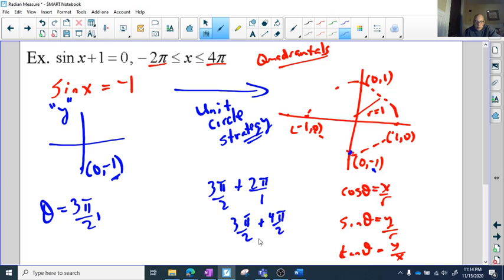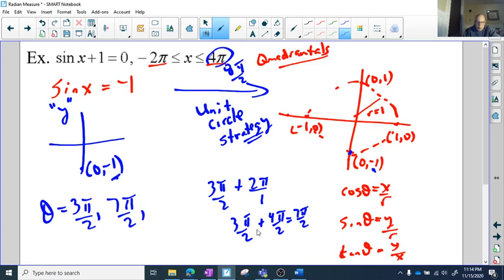I just want the denominators to be the same. So that would give me 7 pi over 2. So there's another possible angle. Now, if you're putting this over 2, it would be 8 pi over 2. That's the same as 4 pi, so I couldn't add another 2 pi to that because it would be bigger than that one. Well, like before, we're allowed to subtract 2 pi.